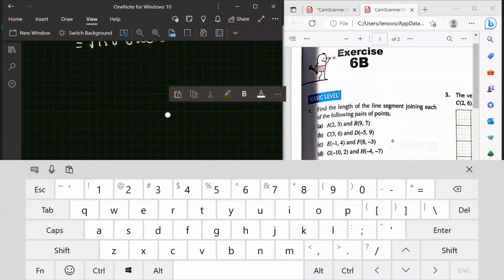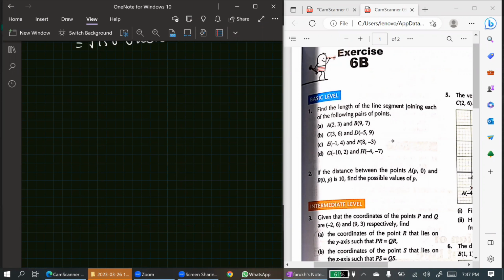Question number 1, exercise 6B, question number 1, C part. Question number 1 is find the length of the line segment joining each of the following pair of points.